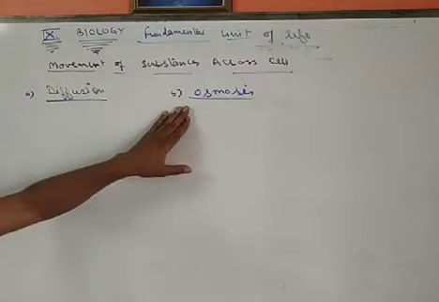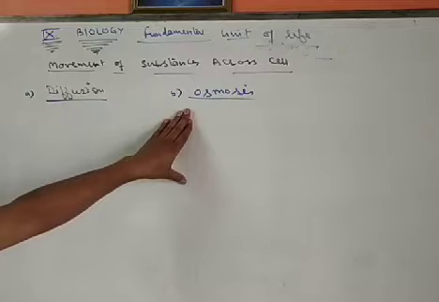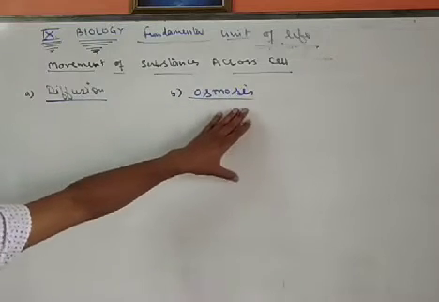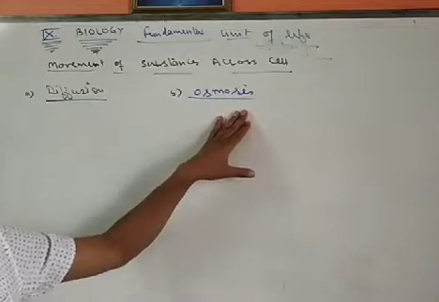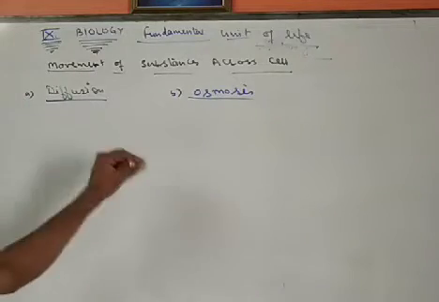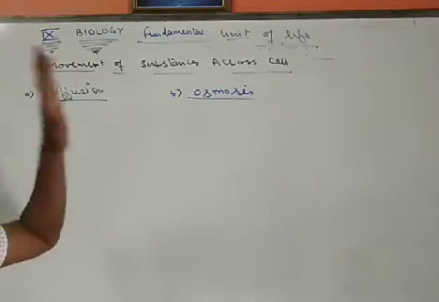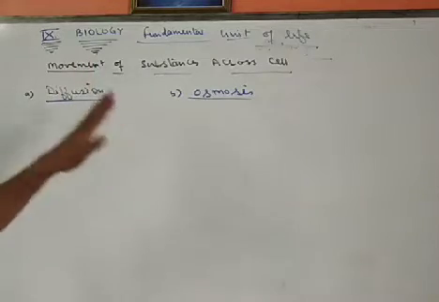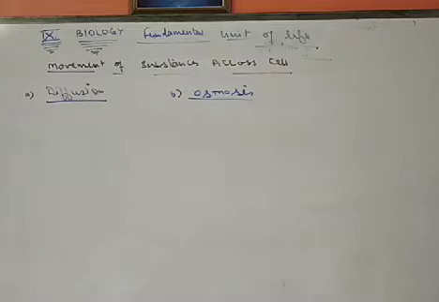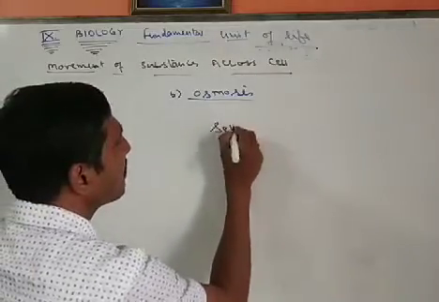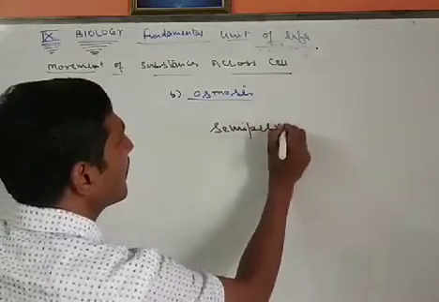Then we come to the second mode of movement of material across the cell, that is called osmosis. Osmosis stands for movement of water molecules, I repeat, movement of solvent molecules from a region of higher concentration of solvent to a region of lower concentration of solvent across a semi or selectively permeable membrane.